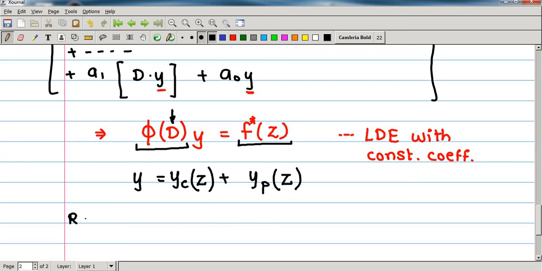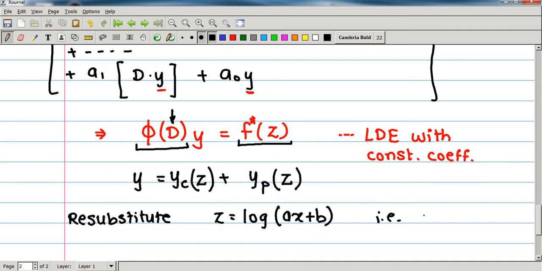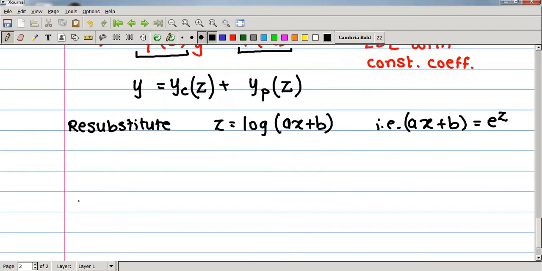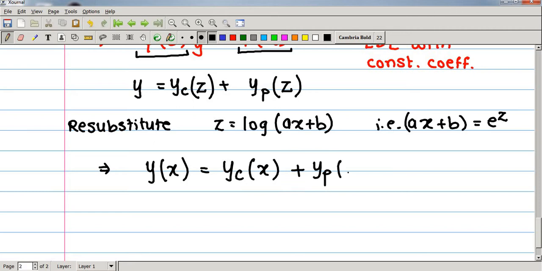So we have to resubstitute z is equal to log of (ax plus b), that is, ax plus b is equal to e raised to z, in this general solution. So we get the required general solution in terms of x, that is, the complementary function in terms of x plus the particular integral in terms of x. This will be the required general solution.